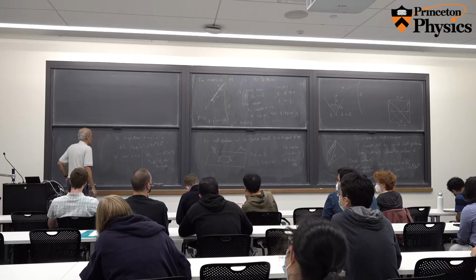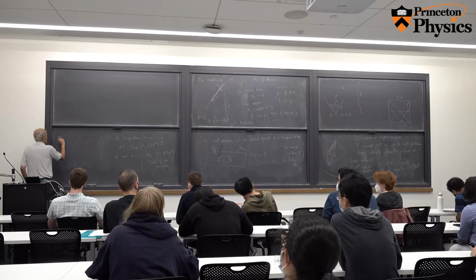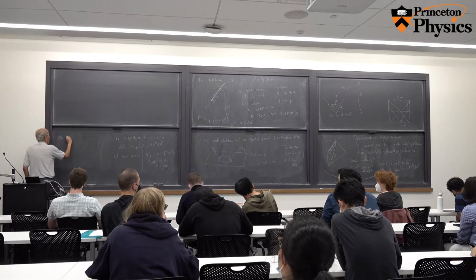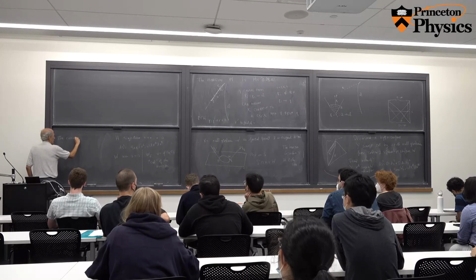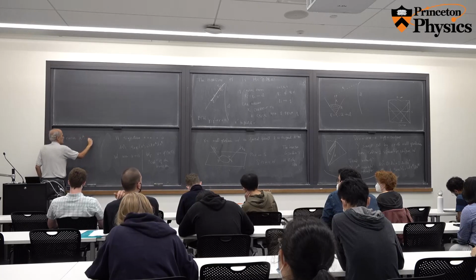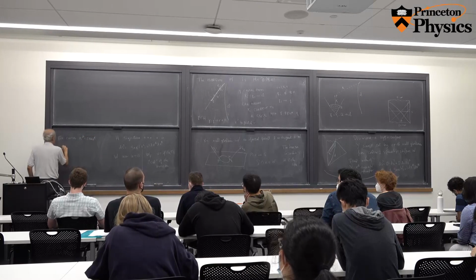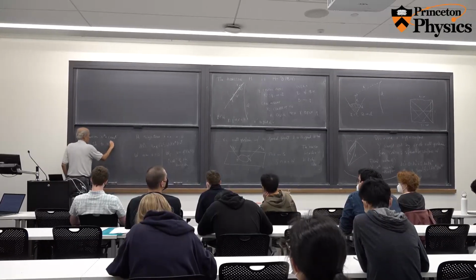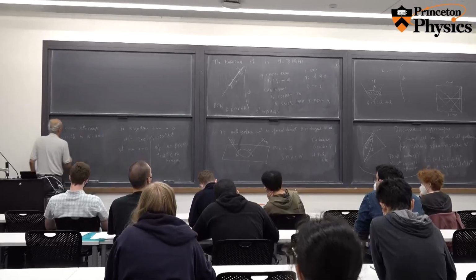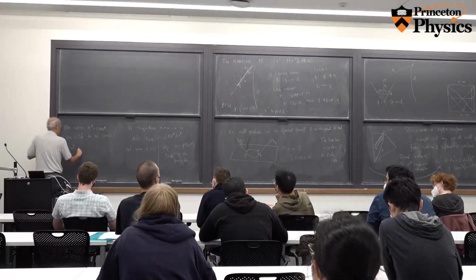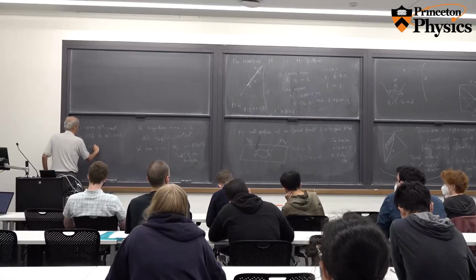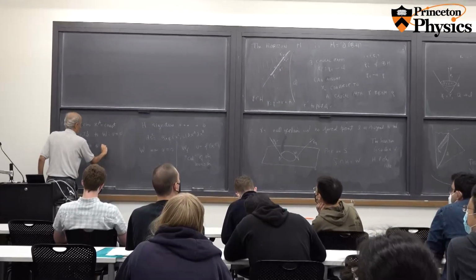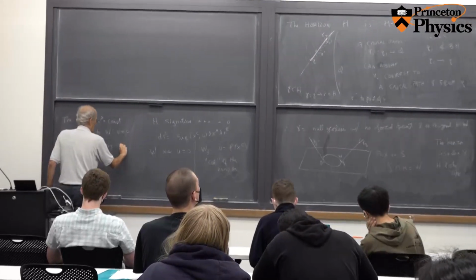And this metric has the following property. The curves x^a equals constant are orthogonal to the W we started with, but they're orthogonal to any horizon cut.